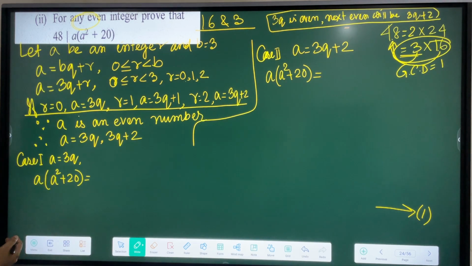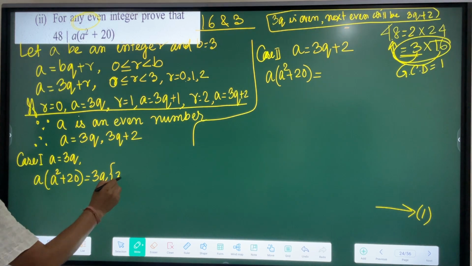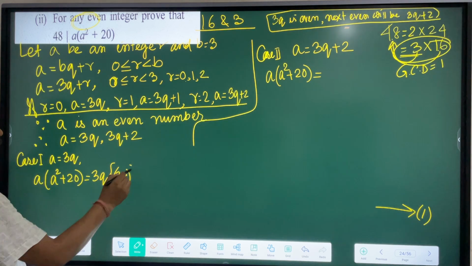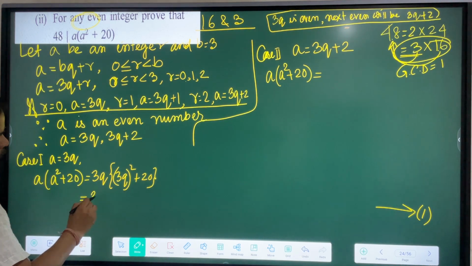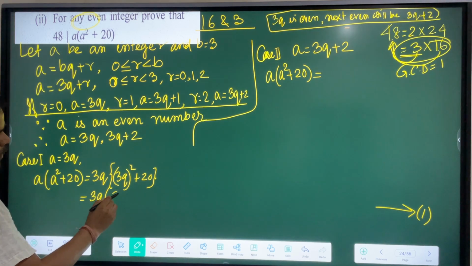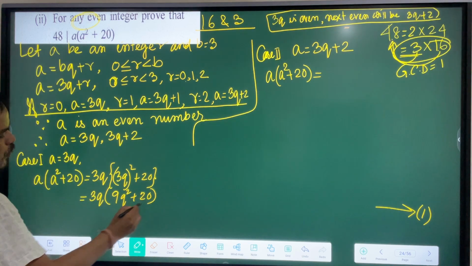The process is same. There is nothing new. So in place of a, now 3q: (3q)² plus 20, which is 9q² plus 20.